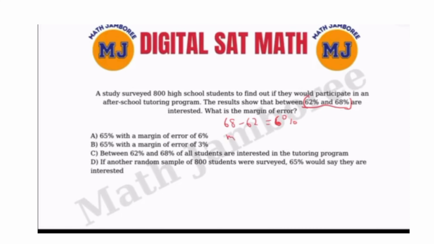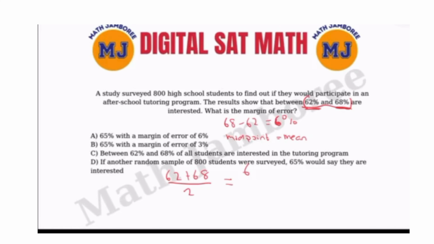And then we have to find the midpoint. I think the midpoint is similar to the mean, because midpoint is a bit confusing. So to find the midpoint, you have to add the data you got and divide it by the number of data you got. So 62 plus 68 divided by 2, because we only got 2 numbers given here. I hope that makes sense for you.